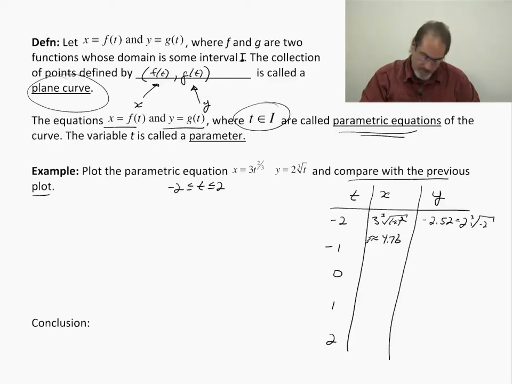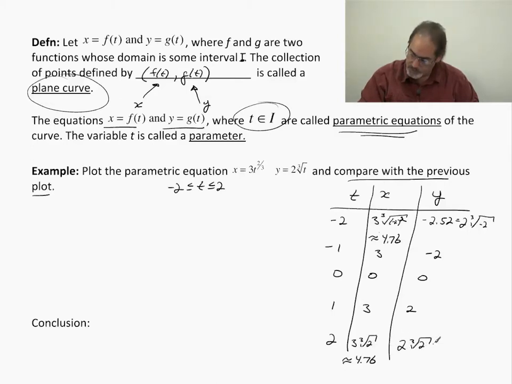At -1, x is going to be equal to 3. Y is going to be equal to -2. At 0, I'm going to have 0, 0. At 1, I'm going to be back at 3, but a +2. And then at 2, I'm going to have 3 times the cube root of 2, which is approximately 4.76. That's positive. And for y, I'm going to have 2 times the cube root of 2, which is approximately 2.52.